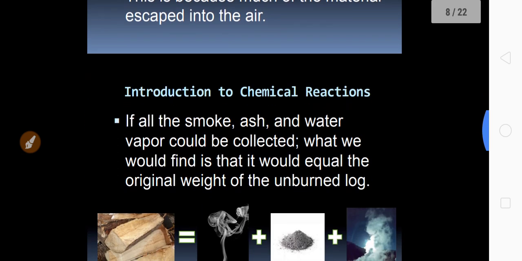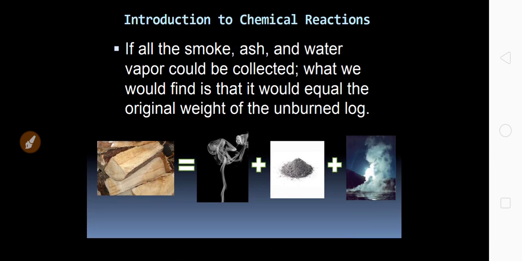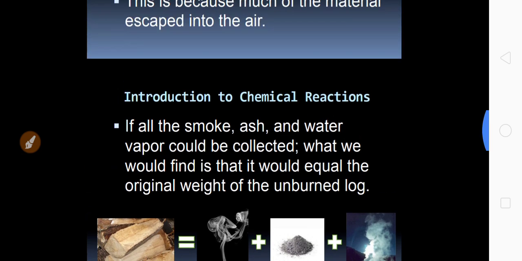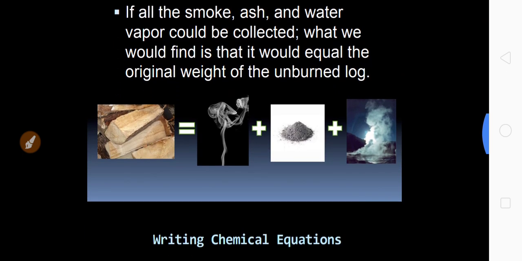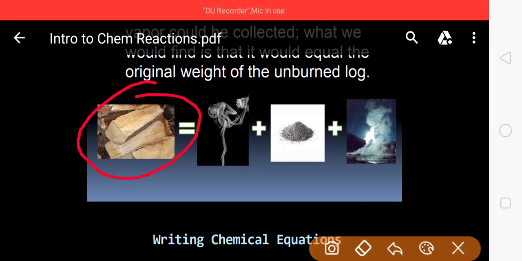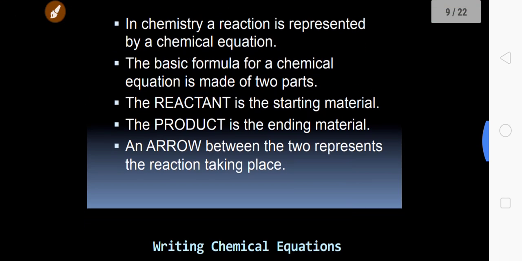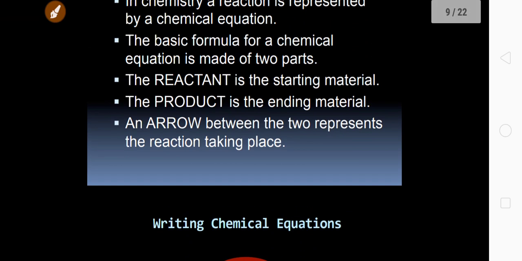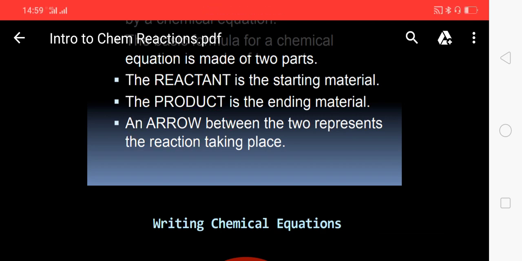In the last class, we studied balancing chemical equations, an introduction to chemical reactions, and what exactly the meaning of a chemical reaction is. We saw the example of burning wood and turning into ashes, which cannot be reversed, and we understood the terms reactants, products, and the meaning of the arrow mark between them.